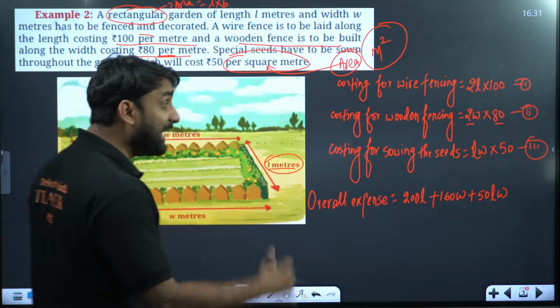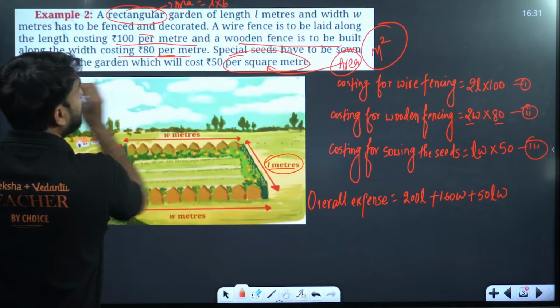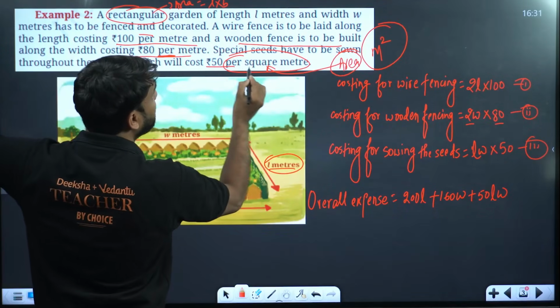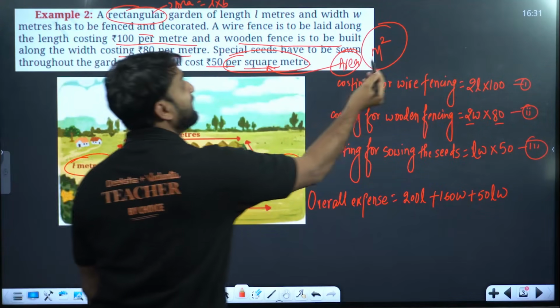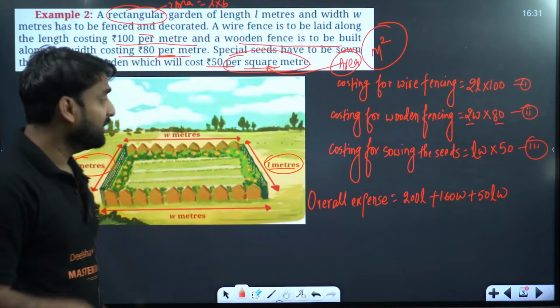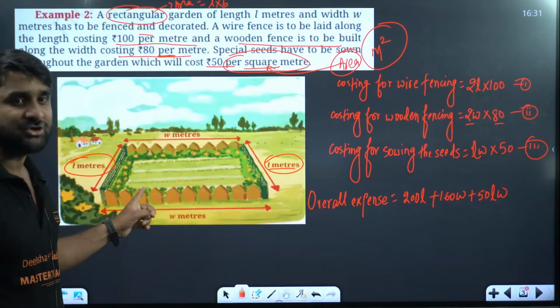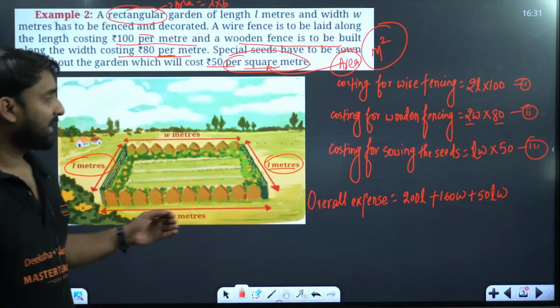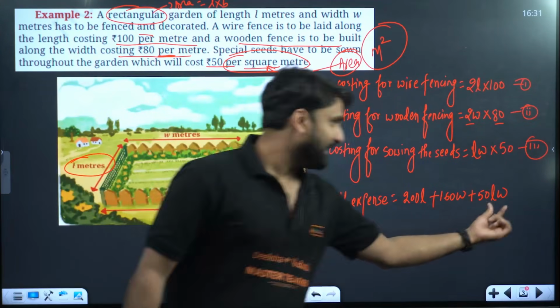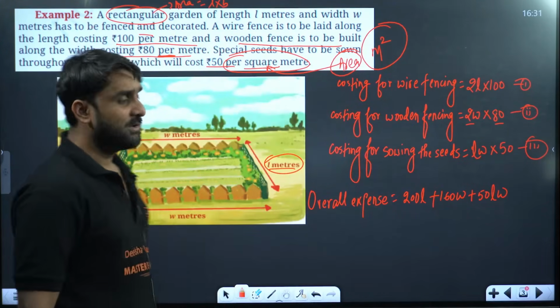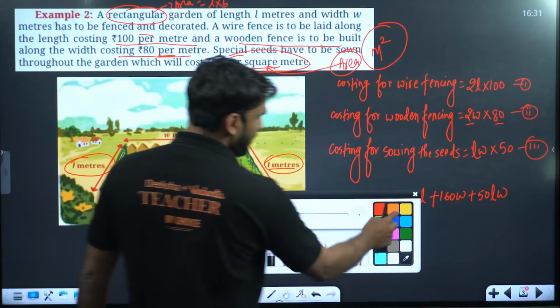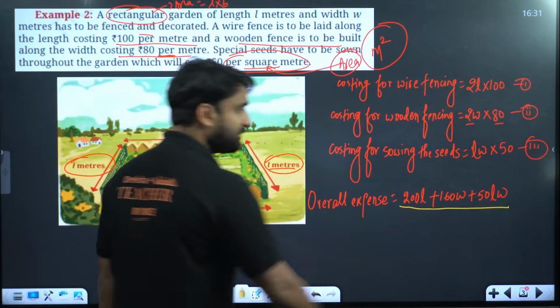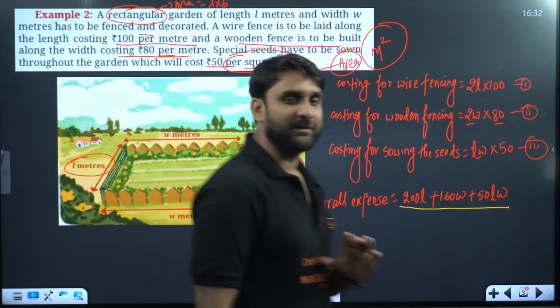Why am I writing LW there? Because the costing for sowing the seed is 50 per square meter, and square meter indicates we are talking about area. If the garden is rectangular in shape, the area will be length into breadth, L into W, and we multiply with 50. So this is the equation we have for total costing. I hope this is clear to you all.